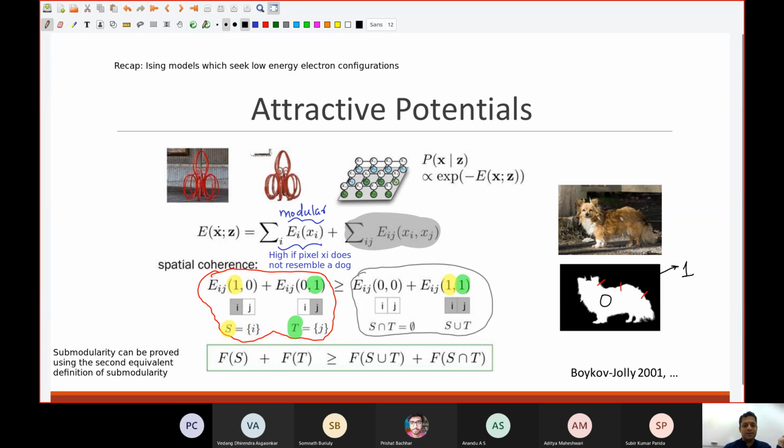So a function is submodular if, let me just explain, E is submodular if the property, it's called the spatial coherence property, holds.